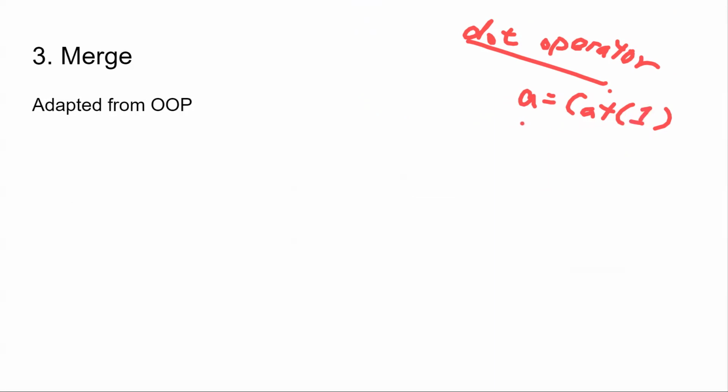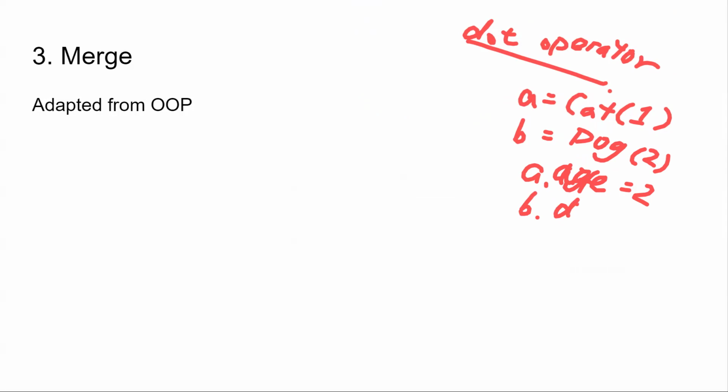I'm passing age to create an instance, and B is a dog, and I pass in 2 as the instance. So the dog is 2 years old, cat is 1 year old. So I'm doing A.age is 1, and B.age is 2.